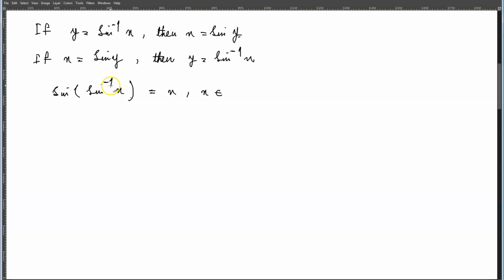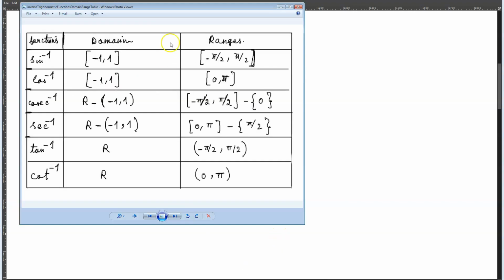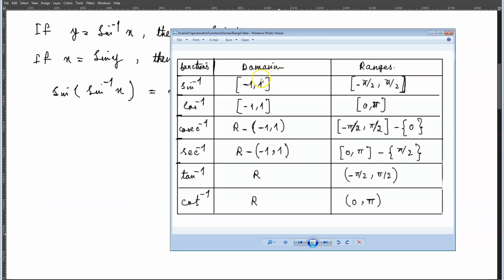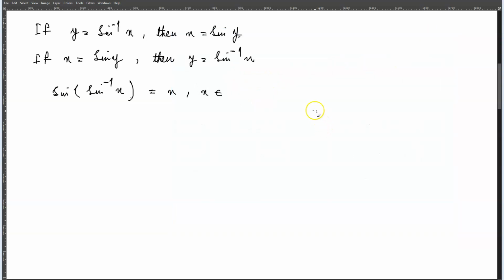The reason is that the sine inverse function takes a ratio from you, gives you an angle, then you give that angle to the sine function, it gives you a ratio, right? The domain of the sine inverse function goes from -1 to 1, which means that x belongs to the closed interval [-1, 1].